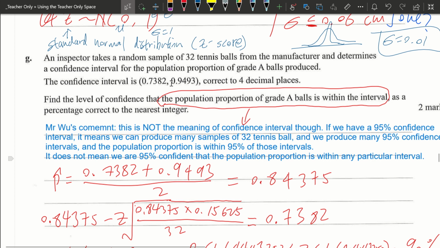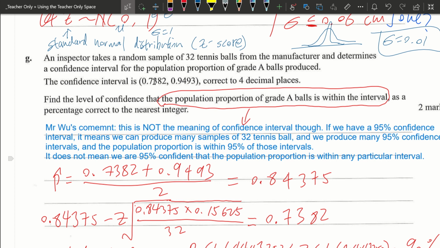And you do another sample of 32, you get yet another different sample proportion, you get yet another different confidence interval, and so on and so forth. And you repeat that 1,000 times, 10,000 times. And then you say 95% of those confidence intervals contain the true population proportion.